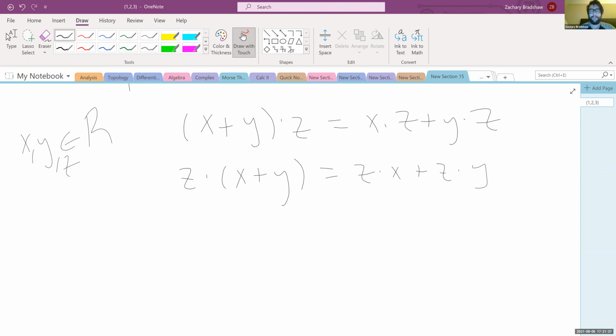Among some other things, there needs to be an identity element, right? Which is essentially 1, right? There needs to be some element that when you multiply, you just get back the original thing. And lots of other things.